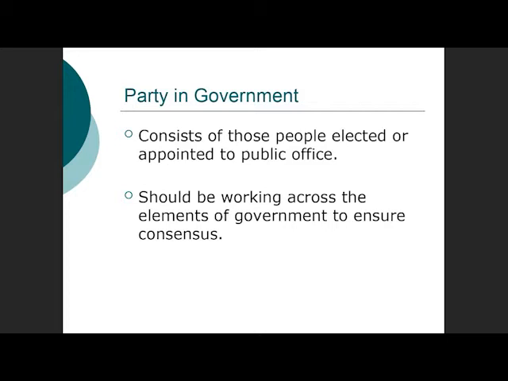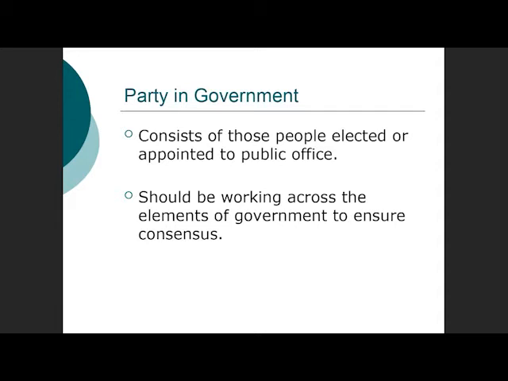So the third part that we can identify when we're looking at these pieces or parts of a political party is what we call the party in government. This one is really easy to understand. If you are elected or appointed to an official public office in government, then you are in the party in government.